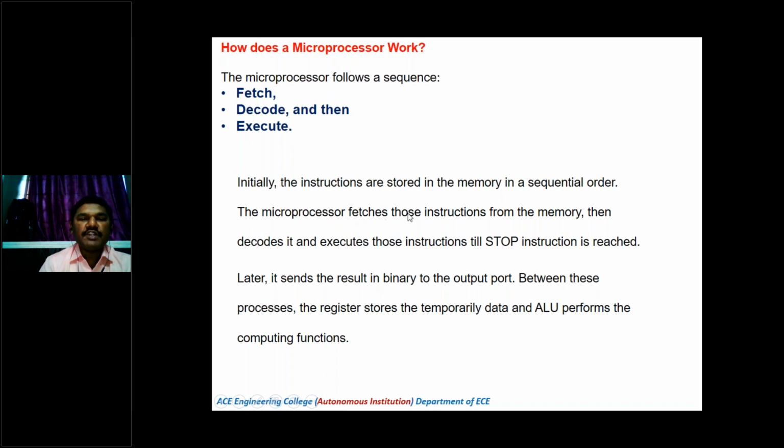The microprocessor fetches those instructions from the memory, then decodes and executes them till the stop instruction is reached. Later, it sends the result in binary to the output port. Between these processes, the register stores the temporary data and the ALU performs computing functions. This is the operation of the register and ALU in terms of fetch, decode, and execution.